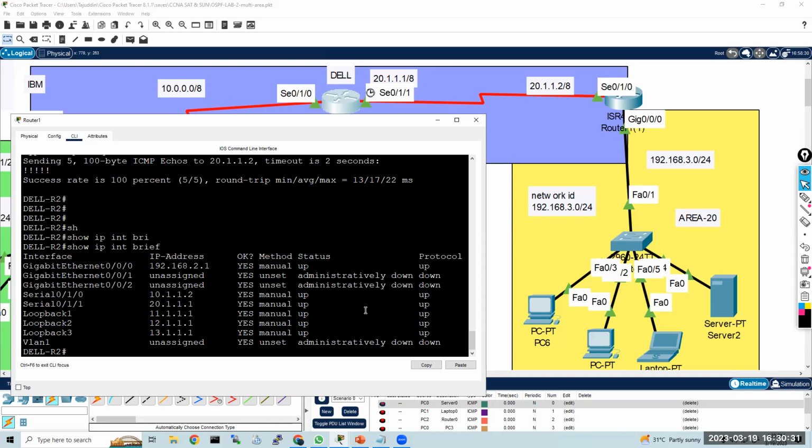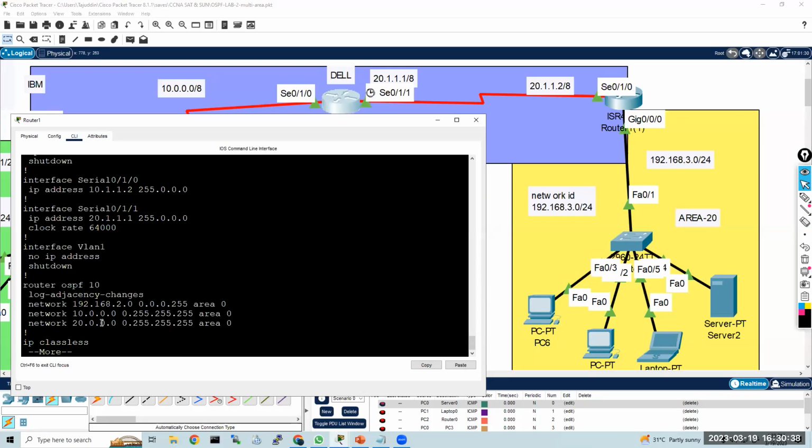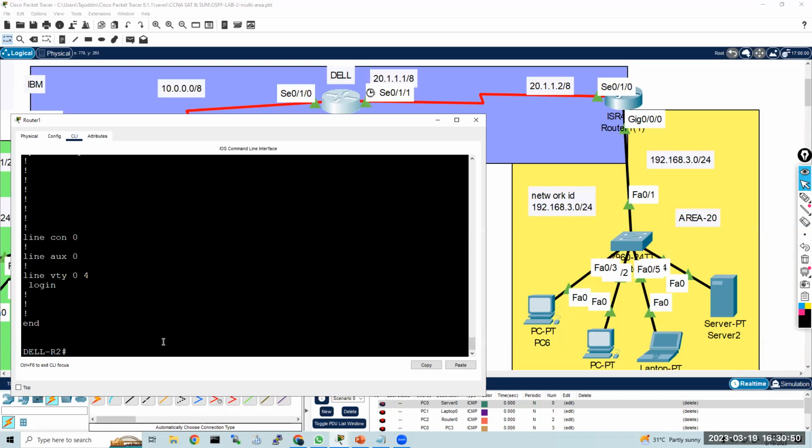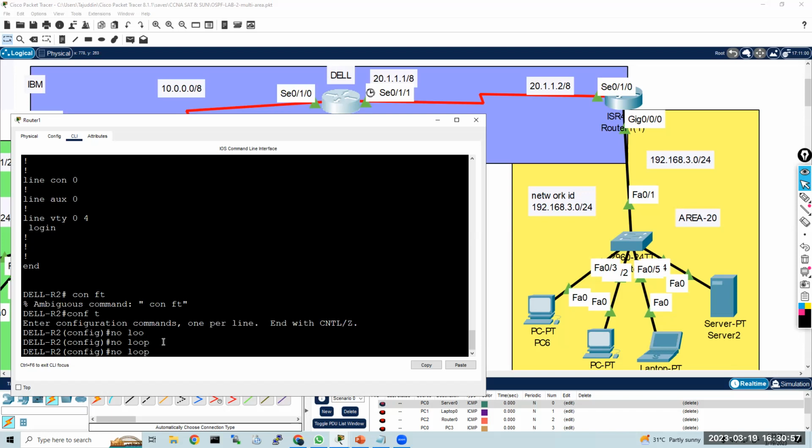What is the network IP for 20.1.1.2? See, the configuration we have made perfectly, right? The network is 20.0.0.0 because it's a /8. It's correct. Here also /8, it's correct. Okay, what we have to do, guys, just remove the loopbacks.